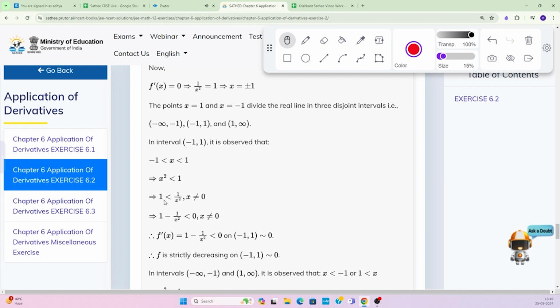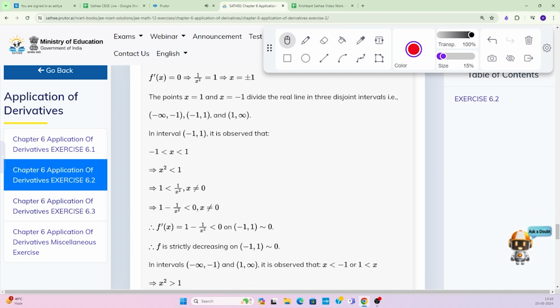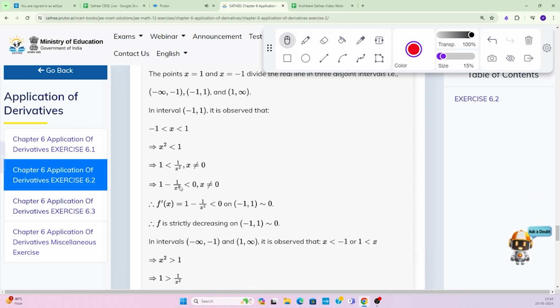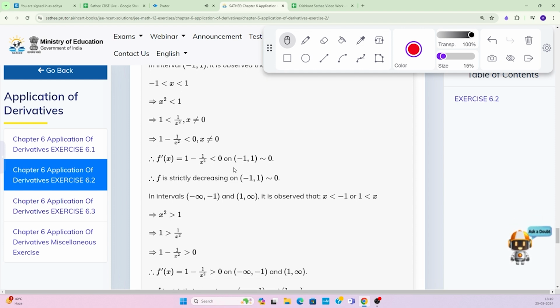This means 1 by x square is greater than 1. I have already told you this. So the whole thing 1 minus 1 by x square will be negative, obviously not including 0, since 0 is excluded. So it is decreasing in -1 to 1.